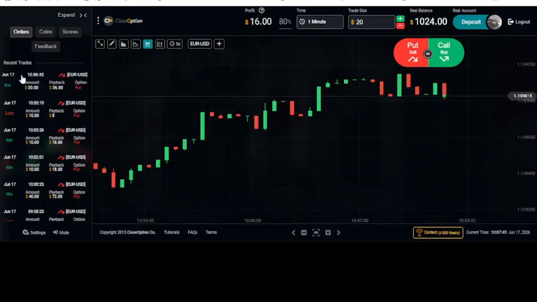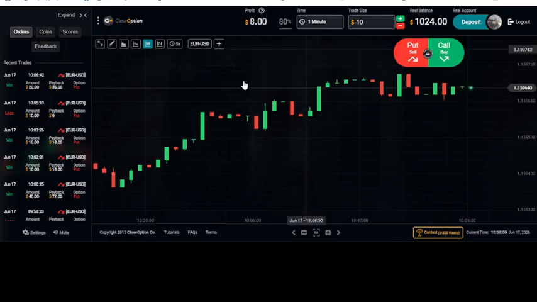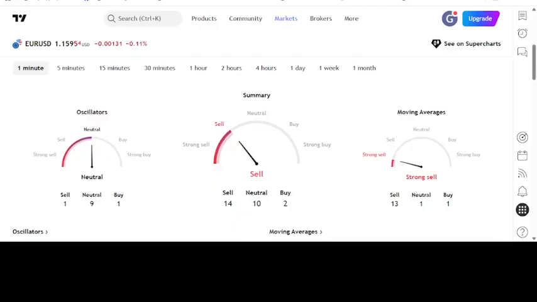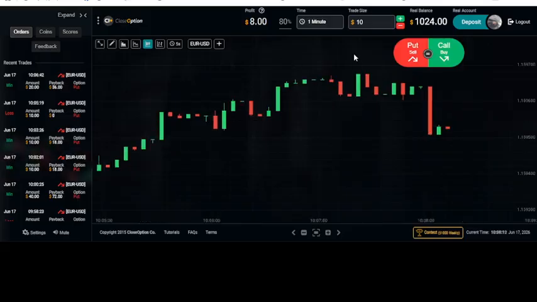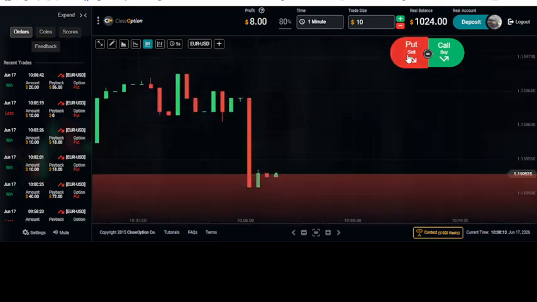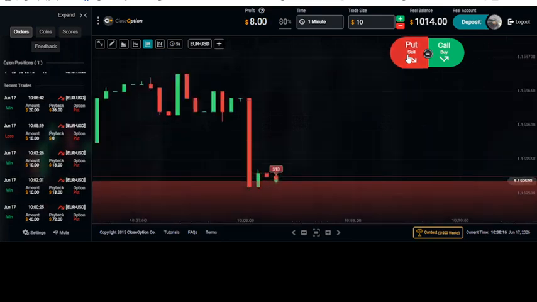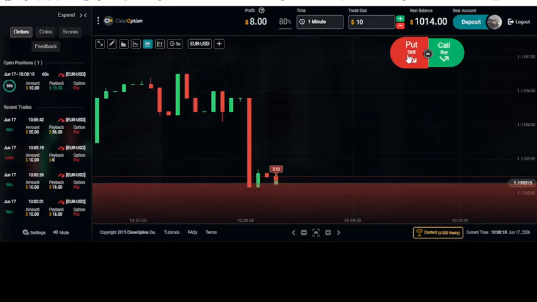Pay back $36. All right, so since we won that trade, we'll go back to our $10 level here. And let's look at the technical indicator again. Let's keep 5 and let's see. Okay, so we're seeing a sell. So let's go ahead and take another put trade here, another sell trade at this level.